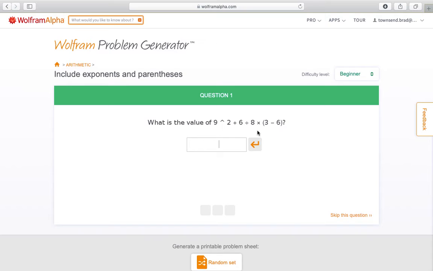To add or subtract, I would have to take my calculator and go 81 times 8, and that'll give me my new 648 over 8. That's the same as 81.